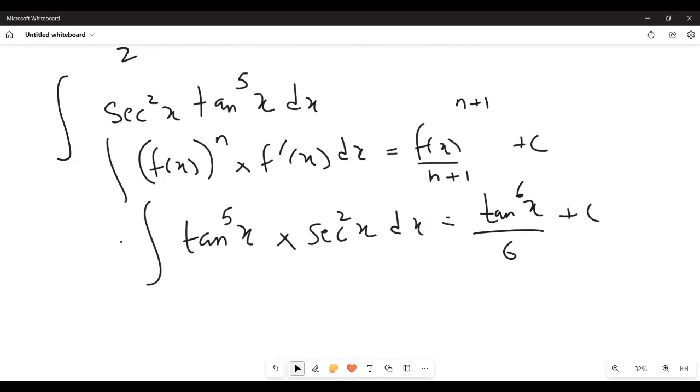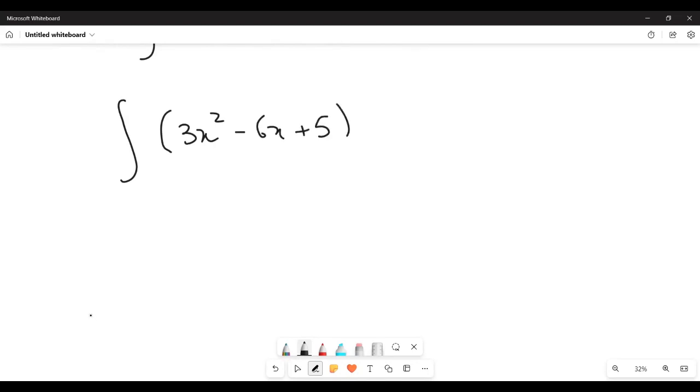Okay, next step. Integrate 3x square minus 6x plus 5 whole power 8 times x minus 1 dx. Do we have the derivative of 3x square minus 6x plus 5?